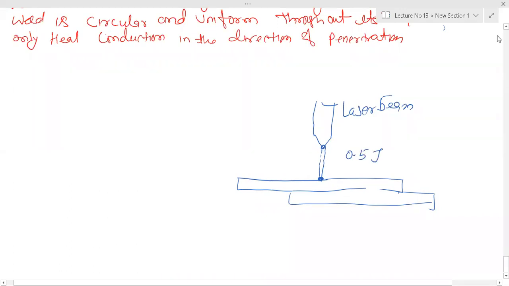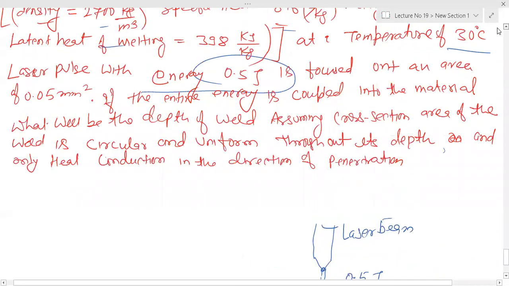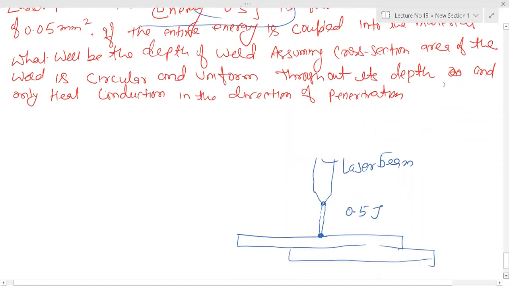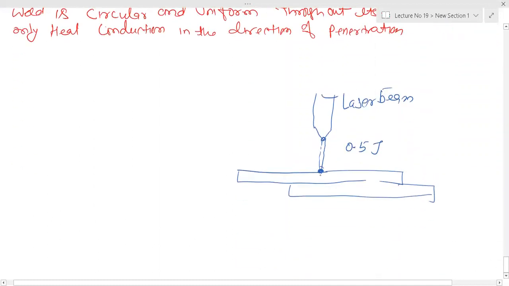A very small amount of energy, 0.5 joule, where is it focused? In the area of 0.05 millimeter square, a very small area.